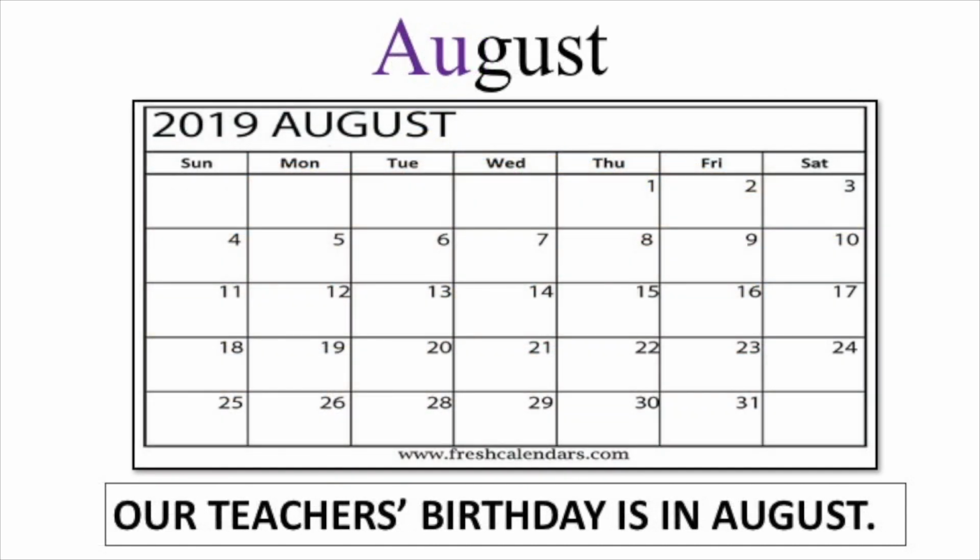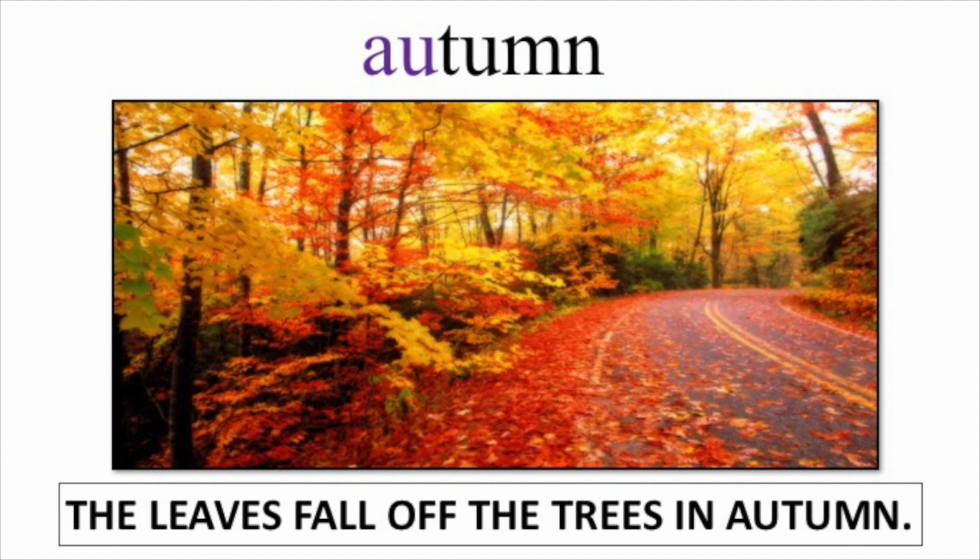Next word, August. Our teacher's birthday is in August. So here, AU at the beginning of the word, but still producing O, as in August. Yes. And then a similar word for when the leaves fall off the trees, autumn.